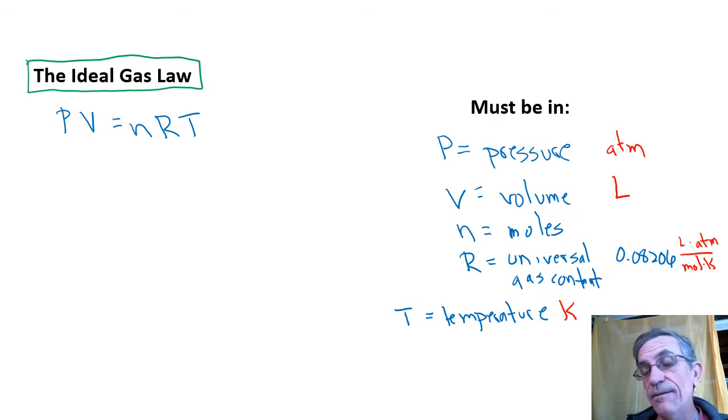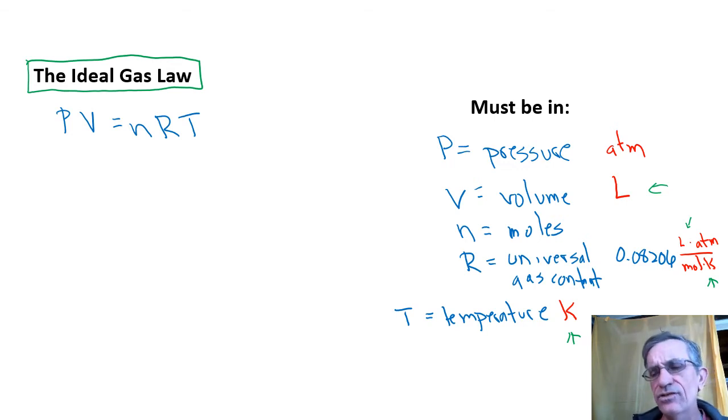They match up with the other units, so that's going to work out because we need units to cancel. Because R has Kelvin in it, that's why your temperature has to be in Kelvin. R has liters in it. That's why you need to have your volume in liters. So those units will cancel out when we're doing some math.